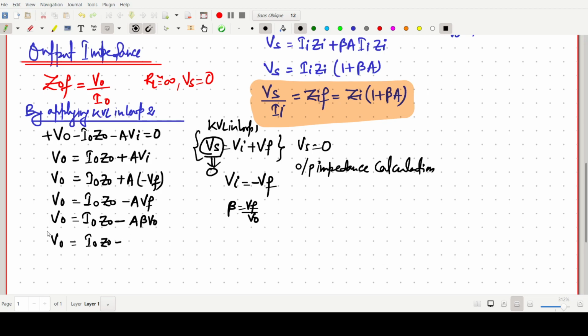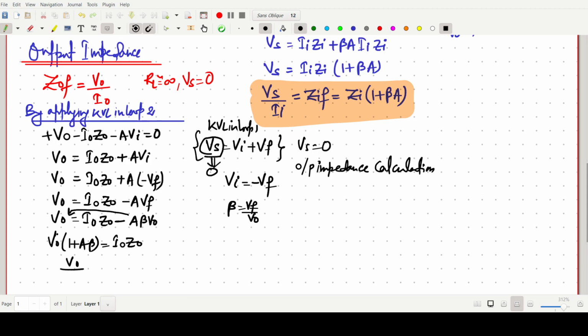So better to put this A beta V naught in the left hand side. So we can directly do like that: V naught times 1 plus A beta, by putting this to this side, equals I naught Z naught.